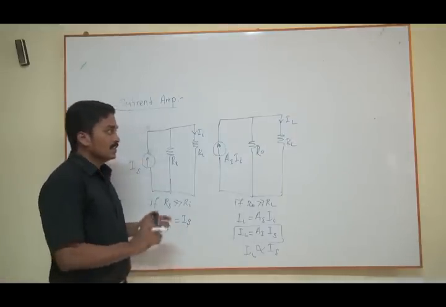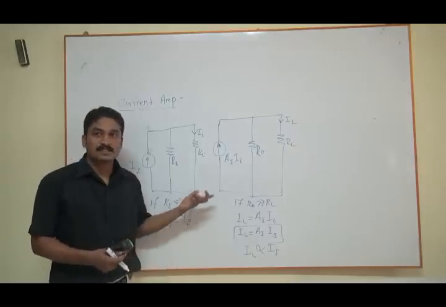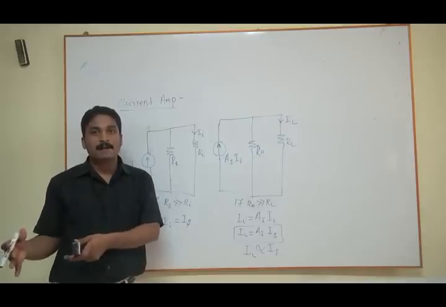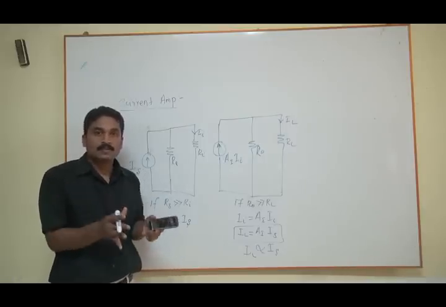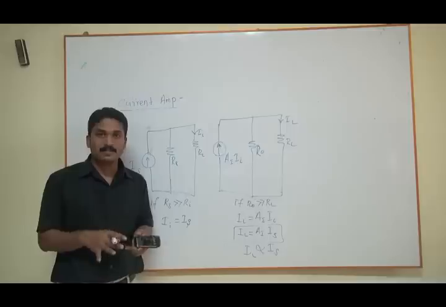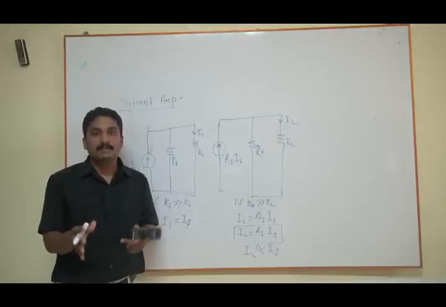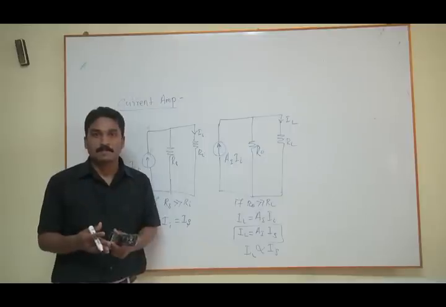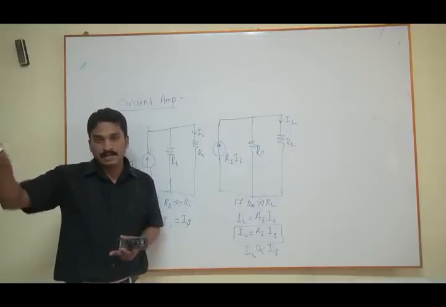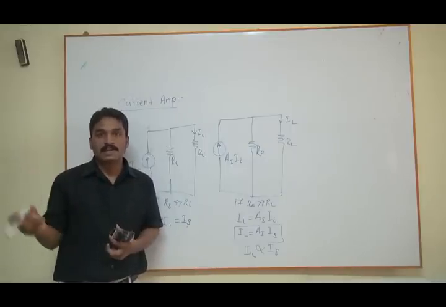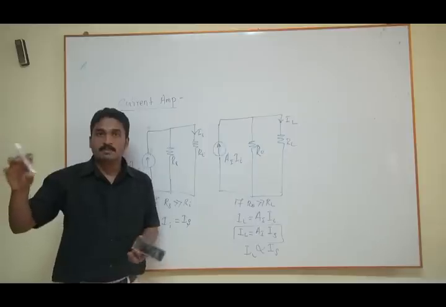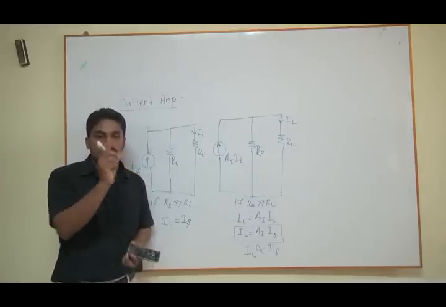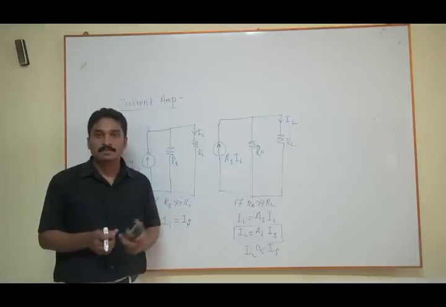Clear? Actually, why I am saying this general classification is that we are going to compare our feedback amplifier classification with the general amplifier classification, because we classify all the feedback amplifiers in terms of output signal and input signal, right? Suppose I draw the feedback signal as a voltage, or I can draw the feedback signal as a current, and similarly I can connect that in series or in parallel to the input side circuit.